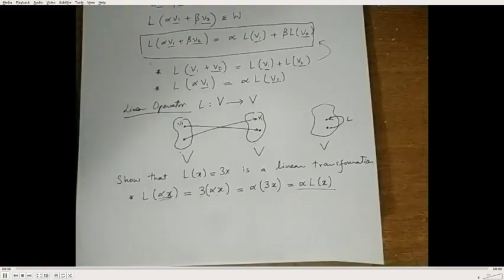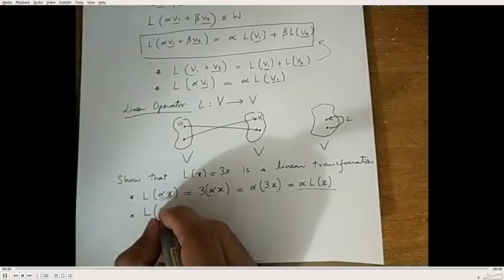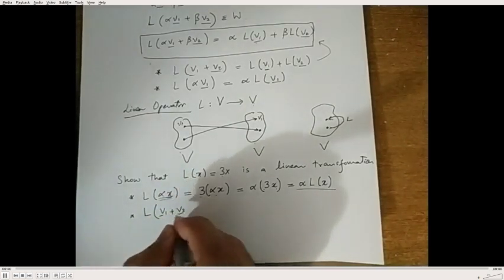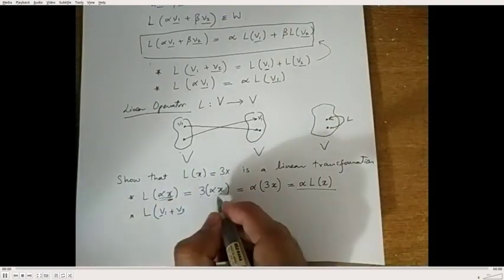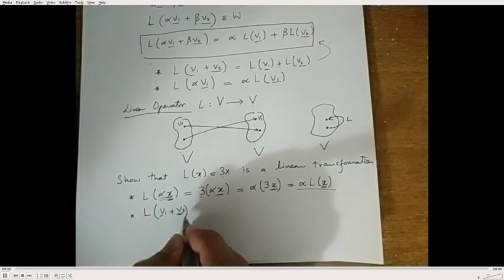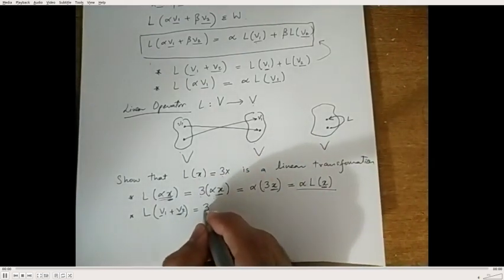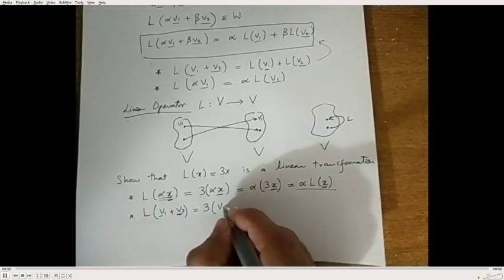The second criterion is L of v1 plus v2. Note that x over here was the vector. Now my vectors are v1 and v2. All you need to do is multiply by 3 the sum v1 plus v2.